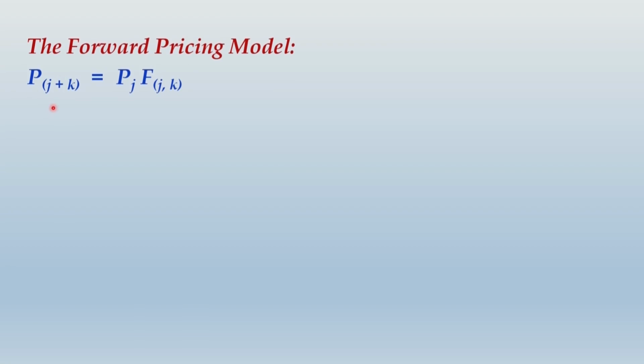And what was P3? Do you know? It was P1+2 equals P1 into F1,2. If you recollect what we have done in the previous example, exactly from that we are deriving this equation. So Fj,k will be Pj+k divided by Pj. Now that was the forward pricing model concluded.